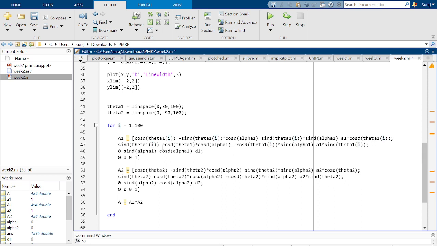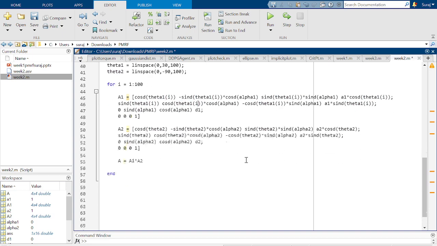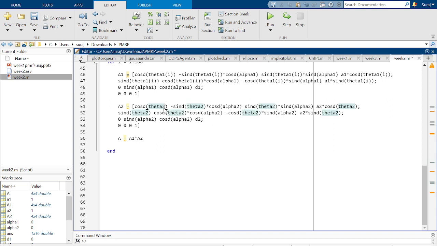It varies with time, and that's why we call it variable. So that is fine. Every theta has an i associated with it. If we forget, no problem, it will remind us by giving us an error. You put an i everywhere.